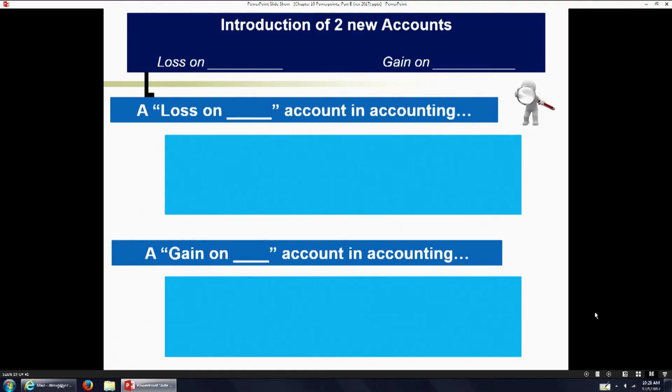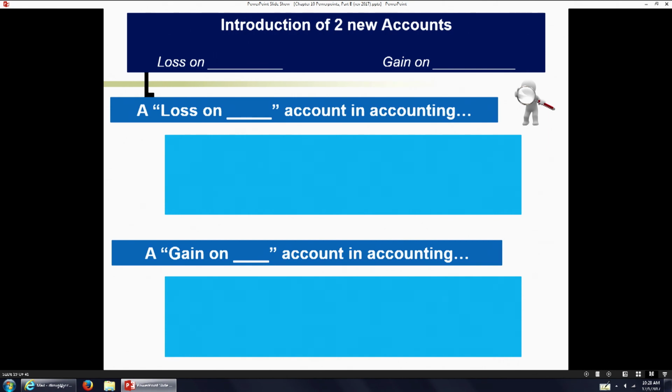We are going to introduce two new accounts, and those two new accounts are called loss on blank and gain on blank, and that usually means like loss on disposal of assets, or loss on sale of equipment, or gain on sale of assets, or gain on disposal of equipment. These are gains or losses that are derived from something else. Are you with me?